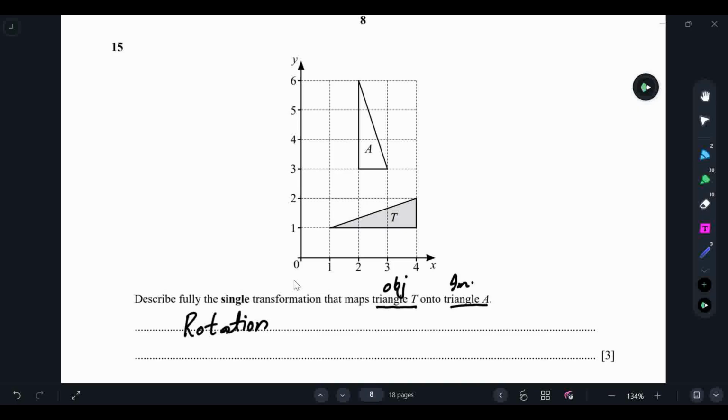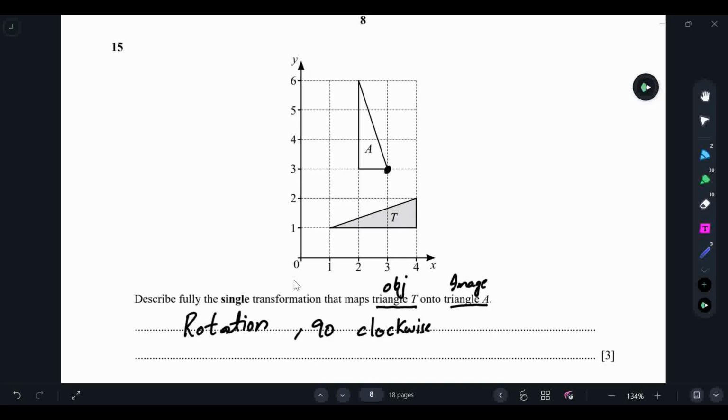This one is the image shape. Now for the rotation, we can see that this will definitely be 90-degree clockwise.